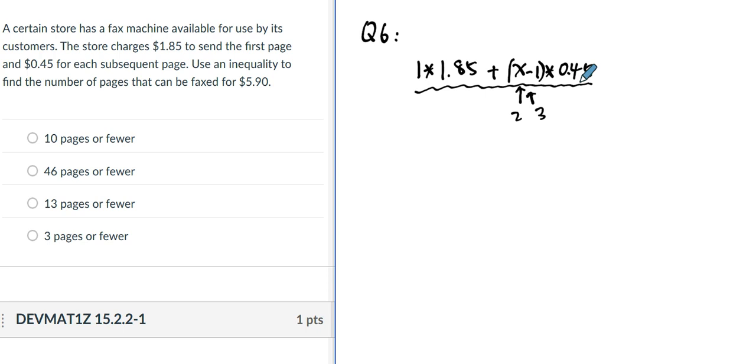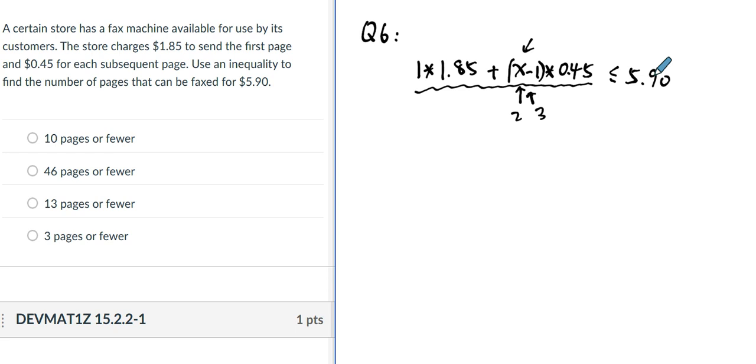Now, the amount of money for a certain page number is given by this expression. This is the total amount of money. Now, this money cannot be greater than $5.90.